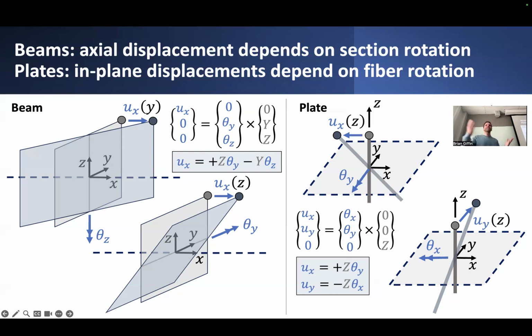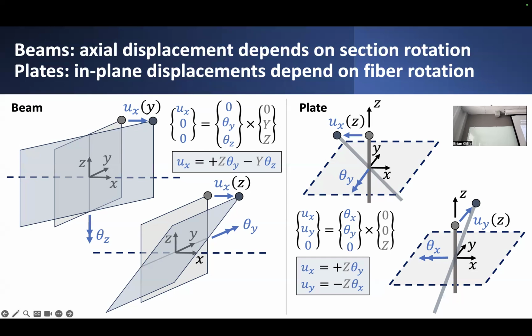All right, so in the case of plates, and looking at the deformation of one of these fibers through the depth of a plate, we can do basically the same thing and apply essentially the same formula to look at how a particular point, measured somewhere along the axis of this fiber, deforms in plane relative to the plate.